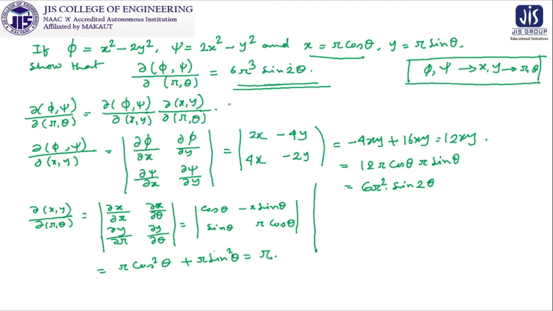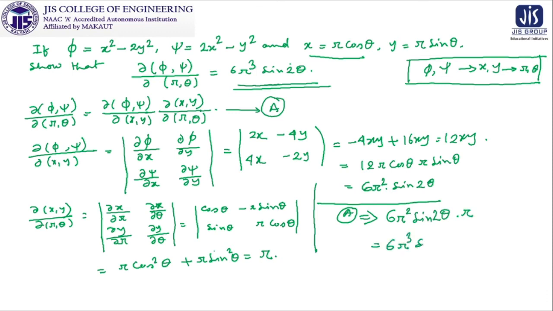So finally, if I write it as equation number A, from equation A we get ∂(phi, psi)/∂(x, y) is 6 r square sin 2 theta, then ∂(x, y)/∂(r, theta) is r. So finally we can write it by multiplying as 6r cube sin 2 theta, which was actually required by the question to prove.